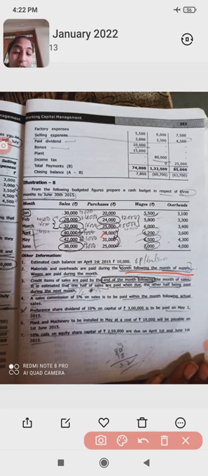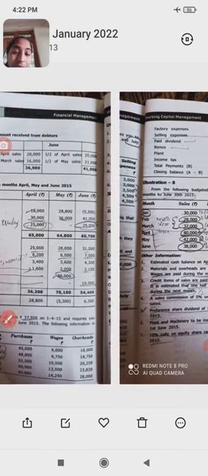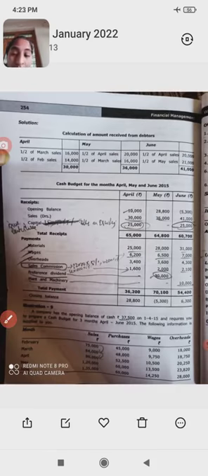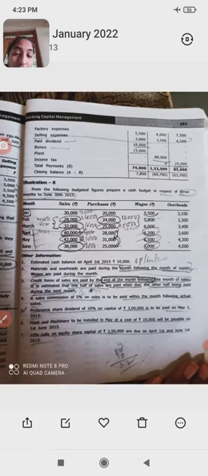Materials in the month of April is 25,000. How did you get this 25,000?